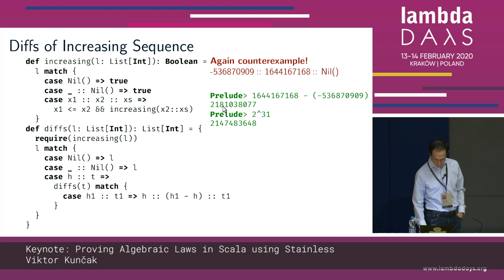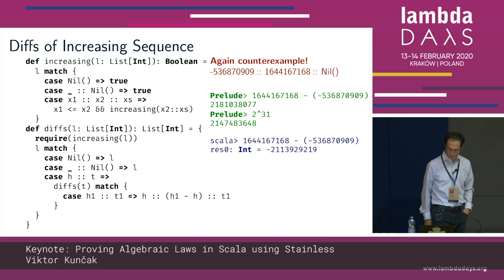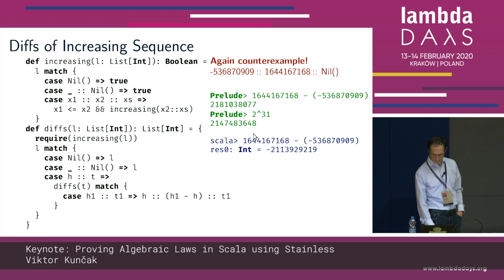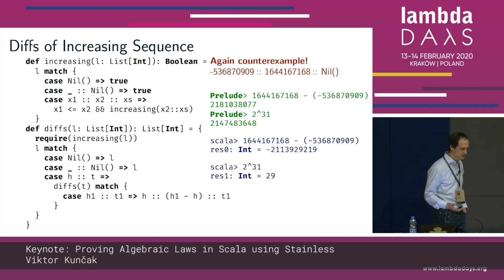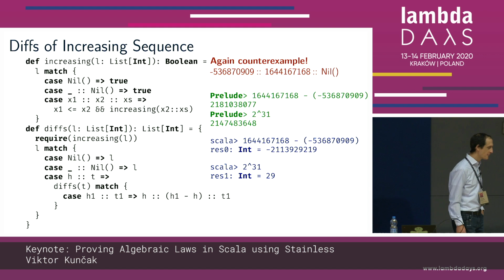So there was an overflow. Then I tried to reproduce that indeed something different happens in Scala. So when I do minus on these signed 32-bit integers, I get a negative number. This is not something that should be happening if these were unbounded integers. Then I tried to compute what is 2 to the 31, and I got 29.